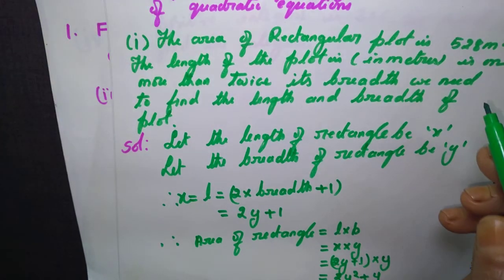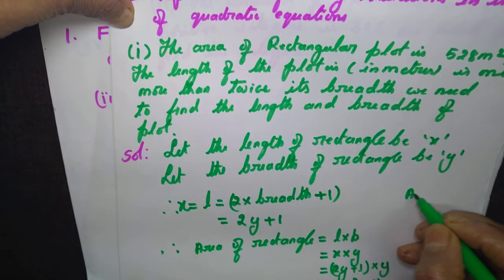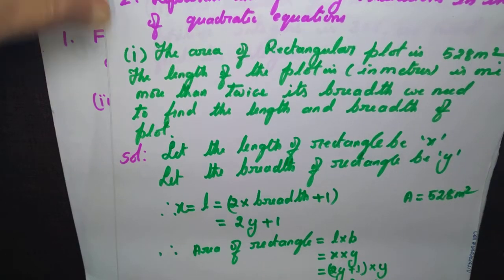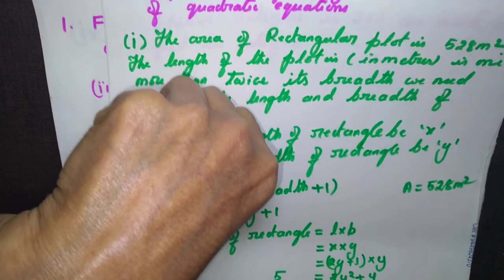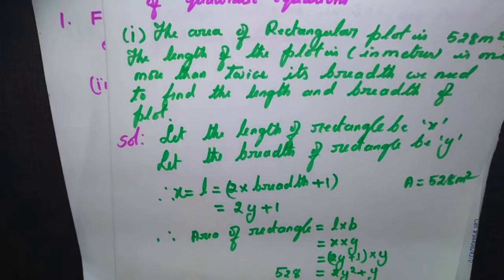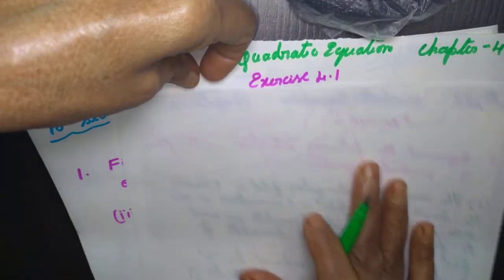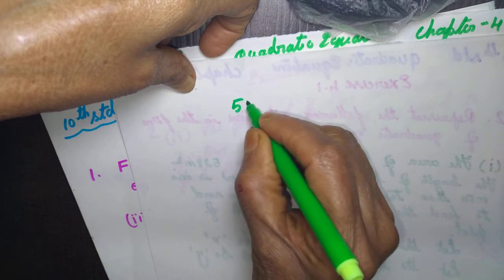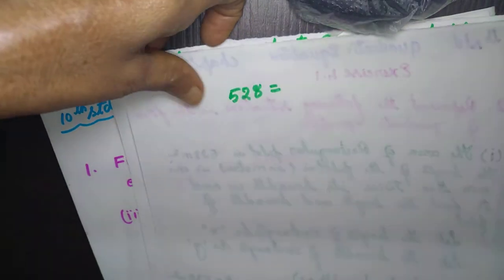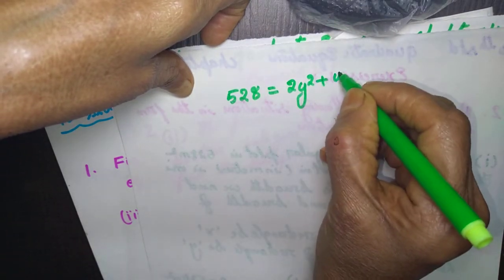Area of the rectangle is already given, that is A is equal to how much did they give? 528 m square. Therefore, substitute that. We have to represent it in the form of a quadratic equation. Therefore, 528 is equal to 2y square plus y.